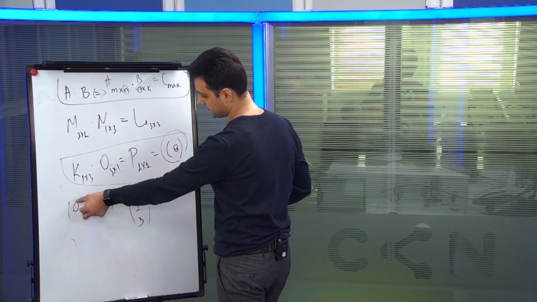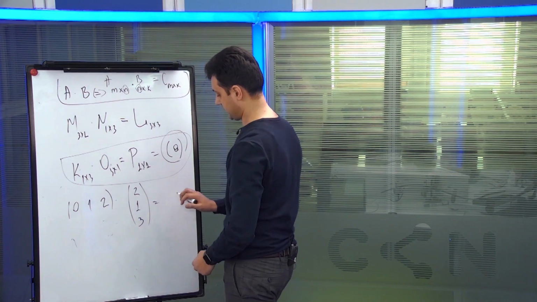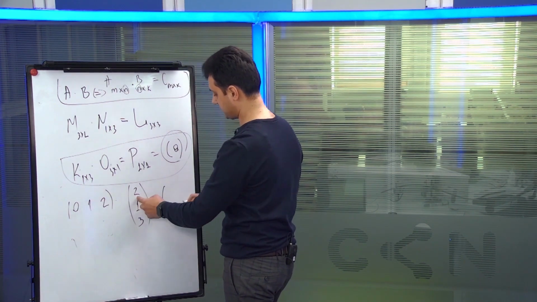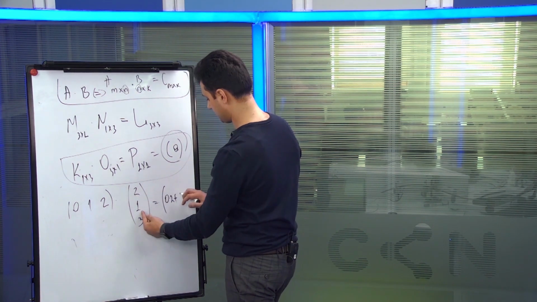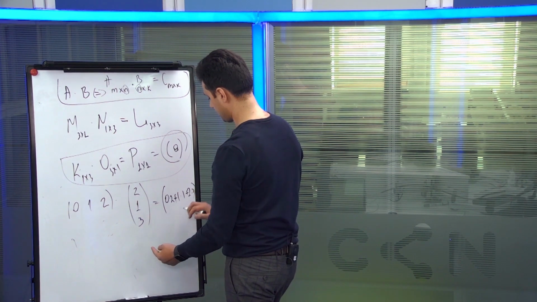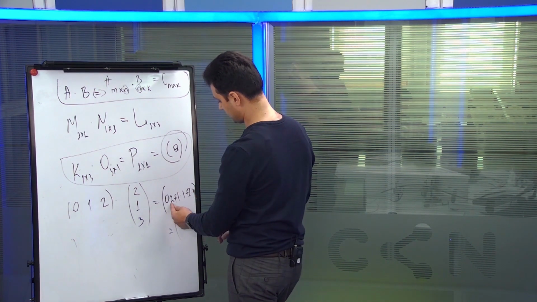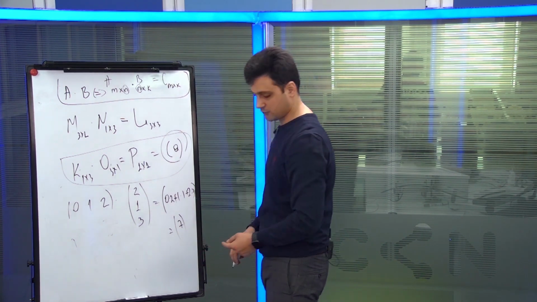So the result will be the first row elements 0, 1 and 2 multiplied by the first column elements. It will be 0 multiplied by 2 plus 1 multiplied by 1 plus 2 multiplied by 3. So the result is 0 plus 1 plus 6, which is 7. A 1 by 1 matrix.